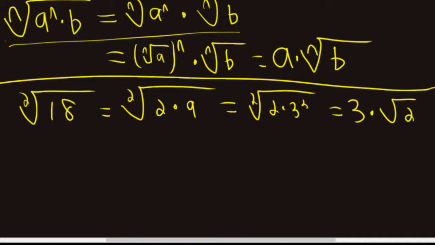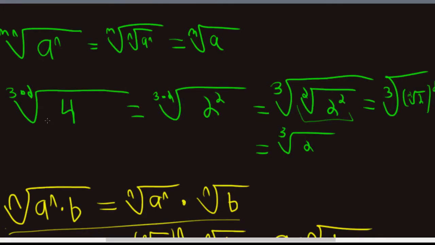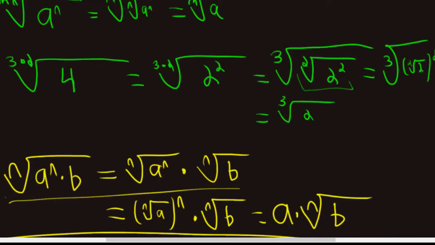So it can be very hard to remember all these little proofs, all the properties and all that. That's why mathematicians came up with the basic idea that the nth root of a is equal to a raised to the 1/nth power.